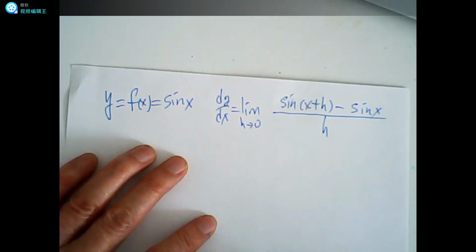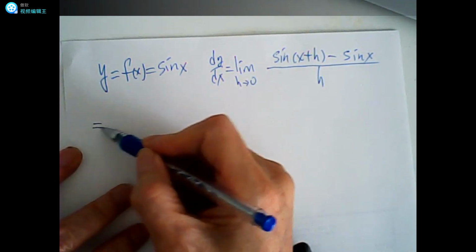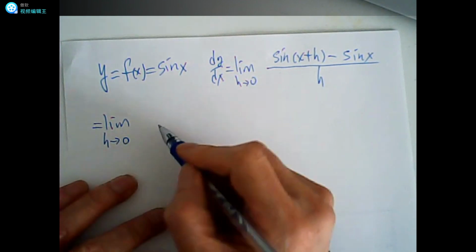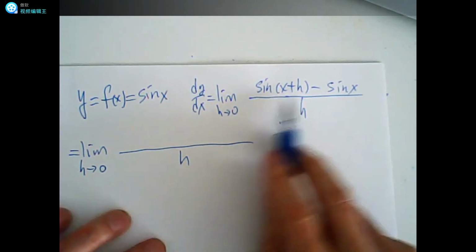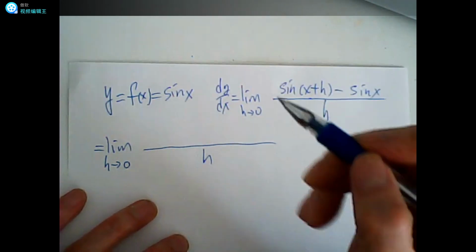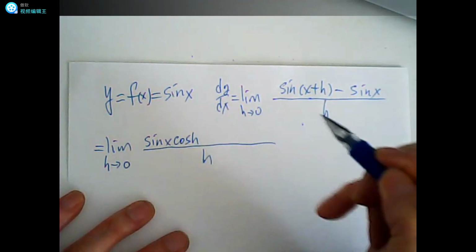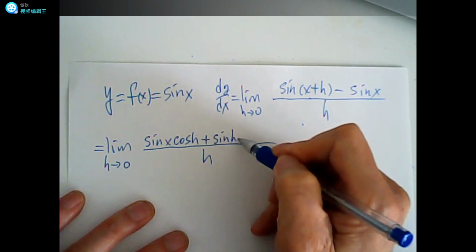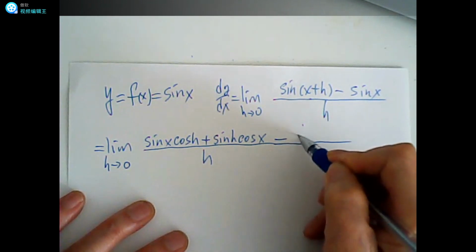Right? That is the definition of derivative. And this is equal to the limit as h goes to 0. And this is a trig identity: sine x cosine h plus sine h cosine x minus sine x.